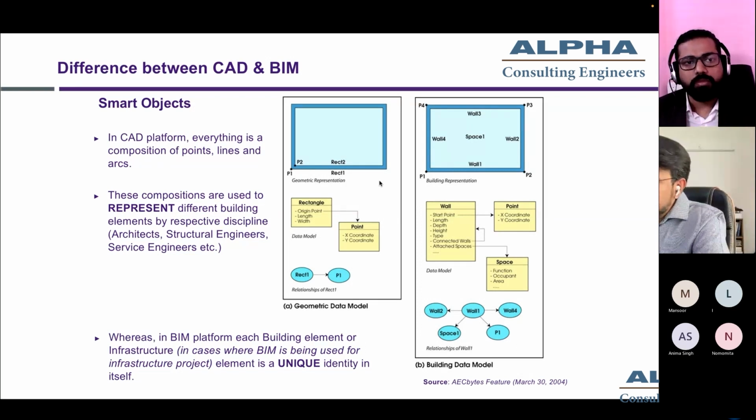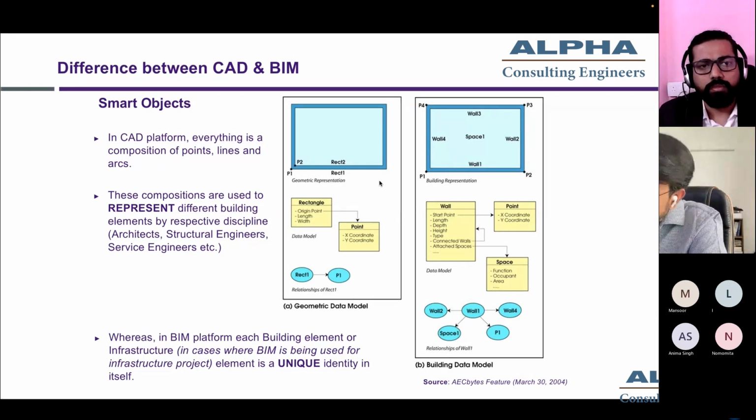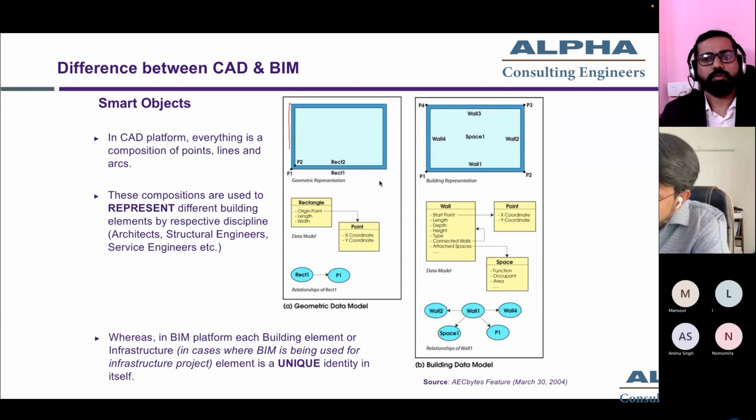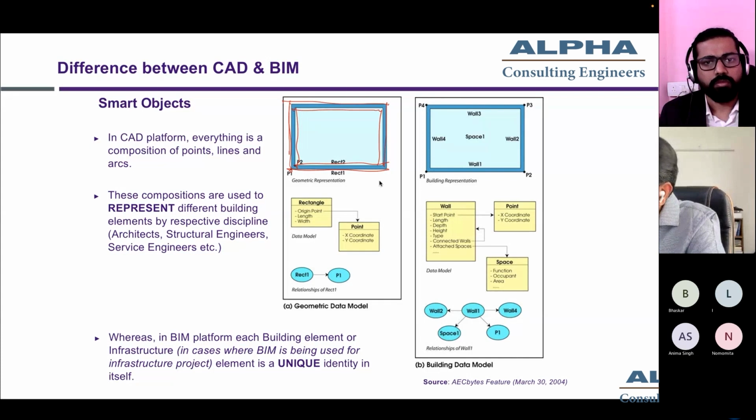So in a geometric data model, if you are looking at a room, this room is actually created out of these two rectangles. There are several lines, and maybe the space contained inside them.